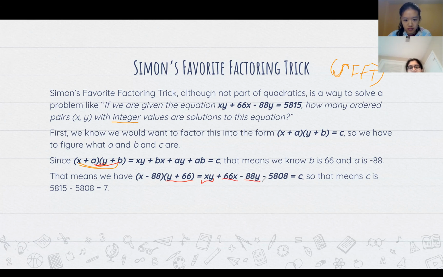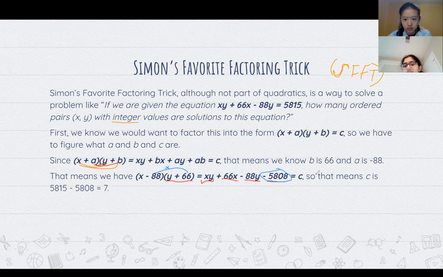We know that x minus 88 times y plus 66 is xy plus 66x minus 88y plus a times b, and negative 88 times 66 is minus 5,808. So that means we are subtracting 5,808 from both sides of the original equation to get what we have right now.